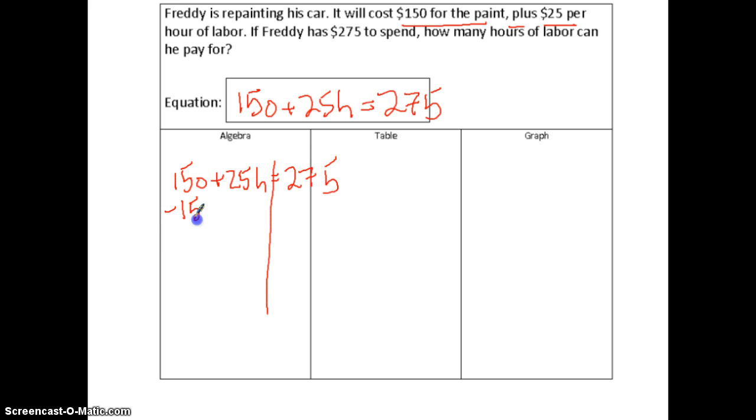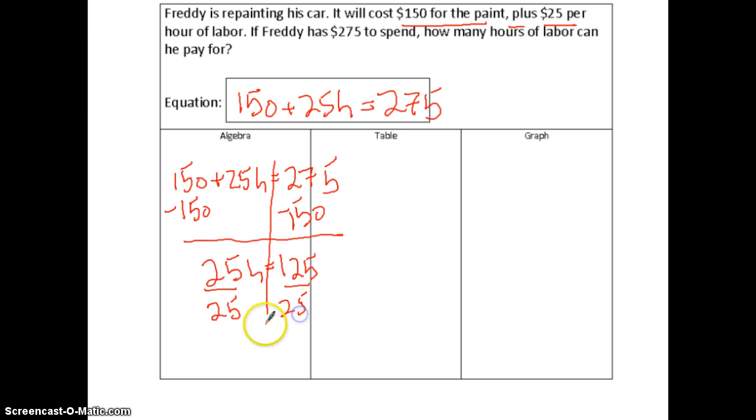Subtract 150 from both sides. That means that minus the paint, the amount that you had to spend on the wages is $125. So you have $125 to spend on the labor, and then you divide both sides by 25, and you get 5 hours. All right, and then you would solve it with a table and a graph as well.